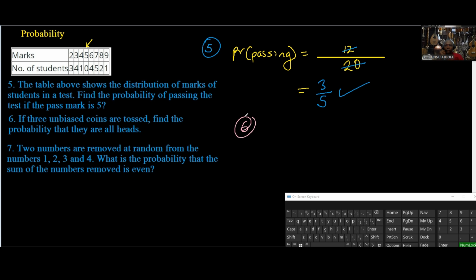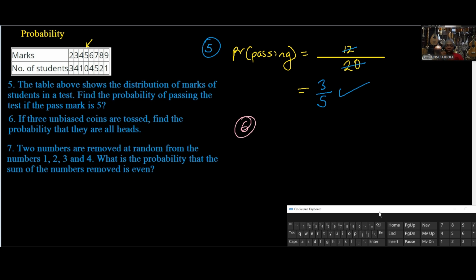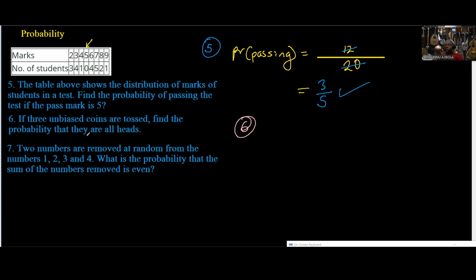Then for question number 6, it says if three unbiased coins are tossed, find the probability that they are all heads. What we just need to do is to get our tree diagram or to get a sample space. So the first coin will have head or tail. That's the first level.